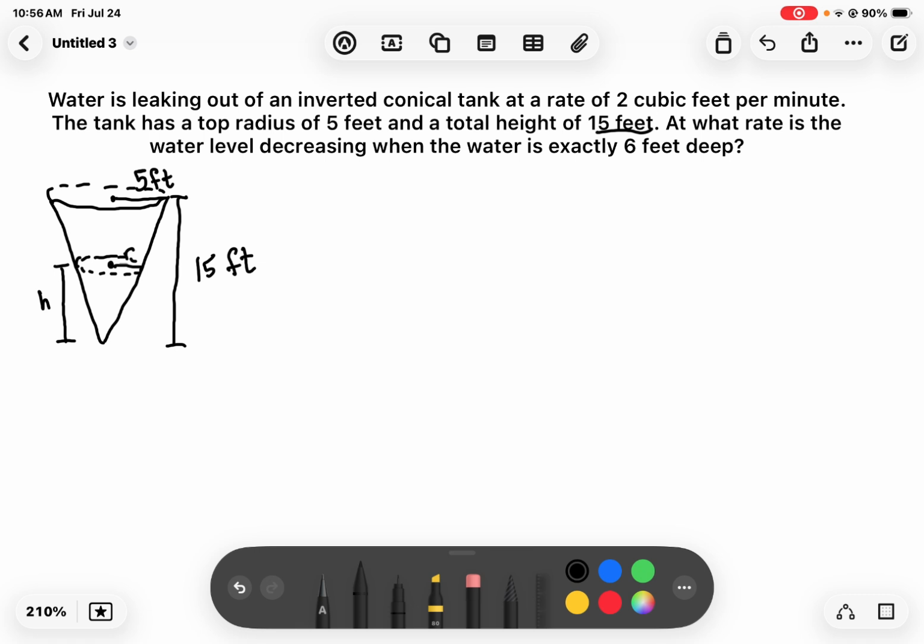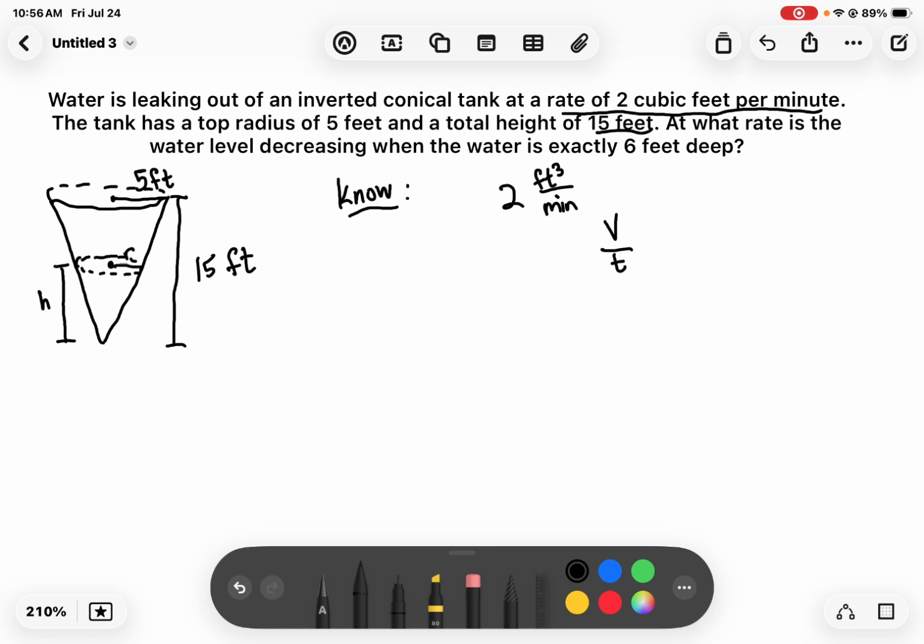So let's see, what do we know already? Well, we know that the water is leaking out at a rate of 2 cubic feet per minute, right? So we have 2 feet cubed per minute. What could this possibly represent? Notice that we have feet cubed on top, so that's like volume, and then over minutes, which is time.